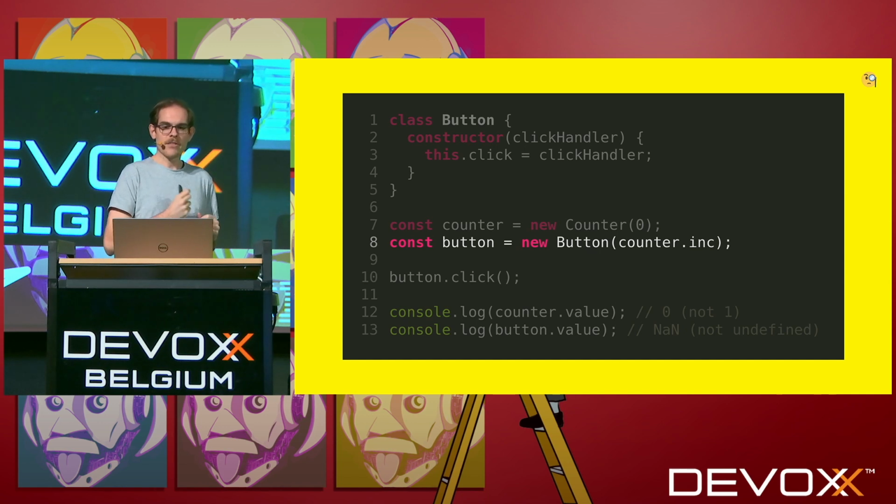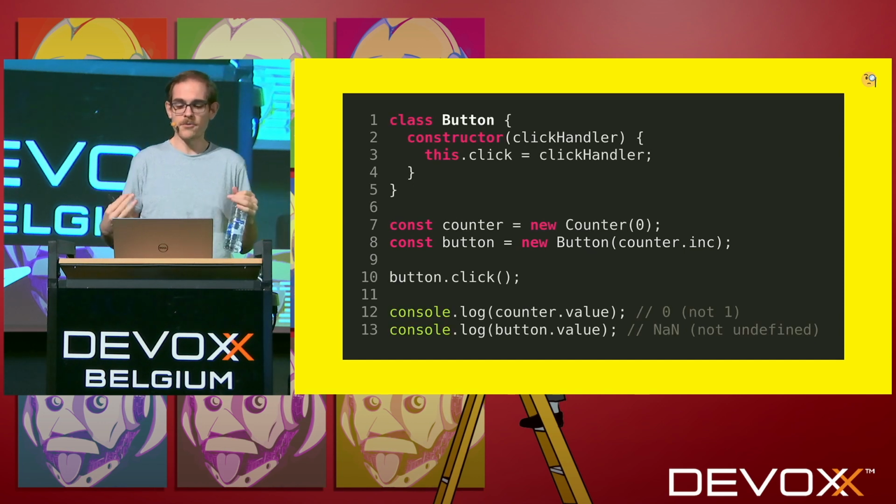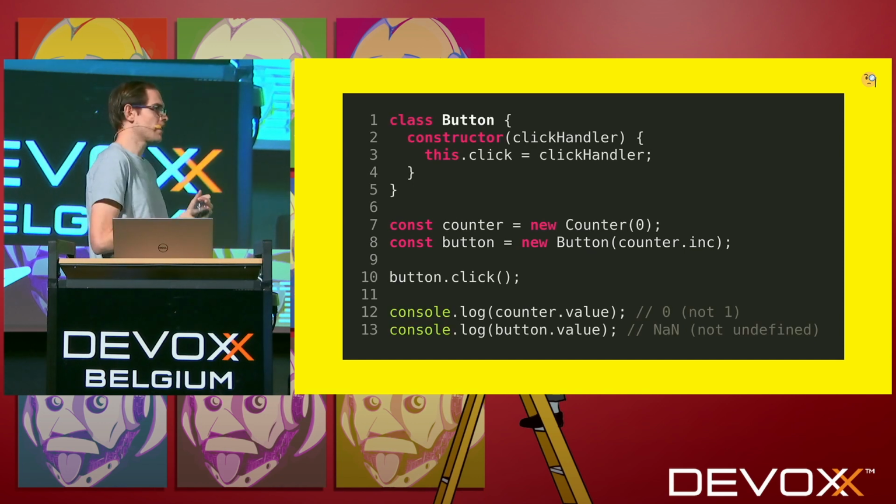The problem is that the this keyword in this line is actually the button, not the counter. So button.value is undefined, undefined + 1, not a number. This happens all the time with classes. So the solution is to bind the increment method to the counter instance so that everything works.